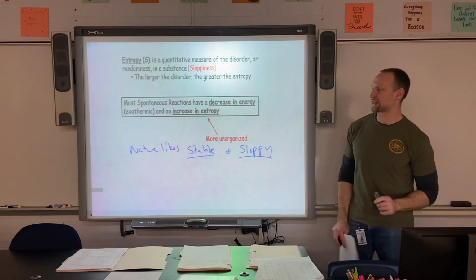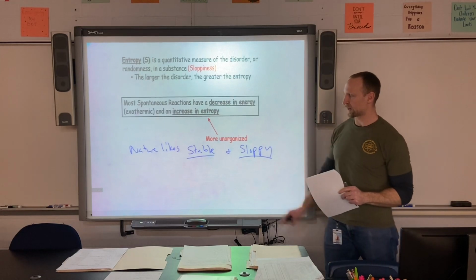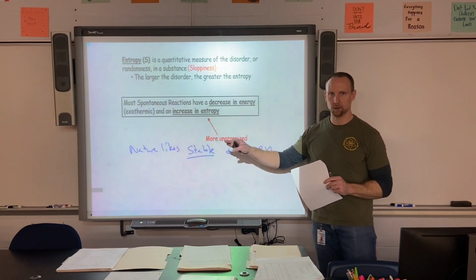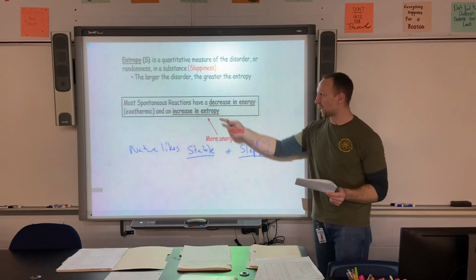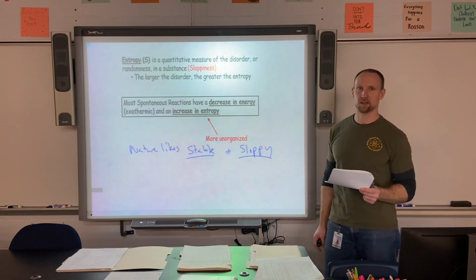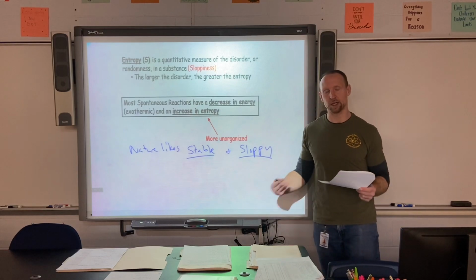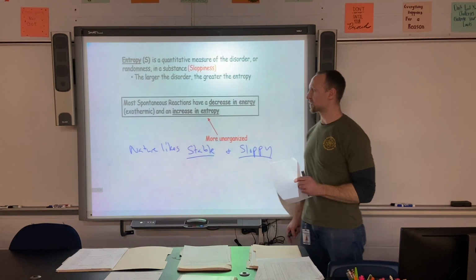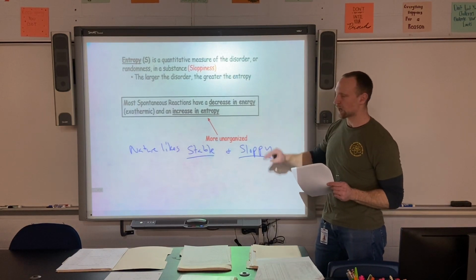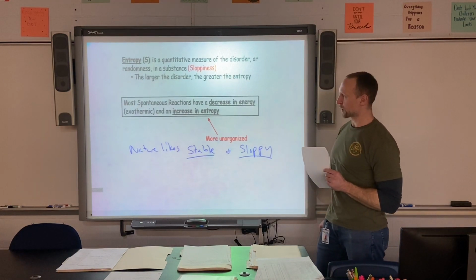Nature likes stable and sloppy, right? It likes things to have low energy. It's when they'll be the most stable, so exothermic reactions are favorable. And it likes things with a lot of disorder, so increased entropy, higher entropy. So nature likes stable and sloppy. So low energy, high entropy, okay?